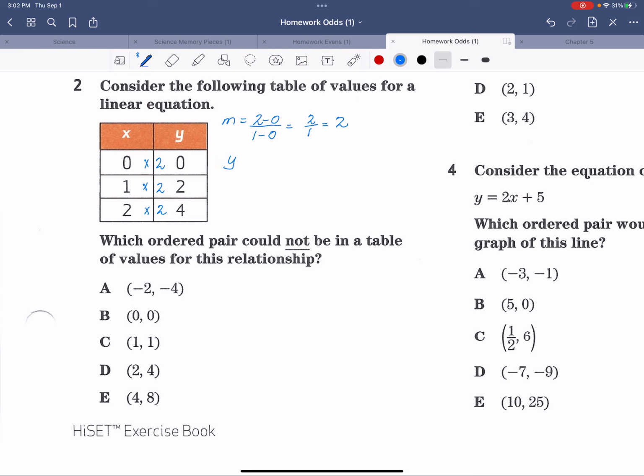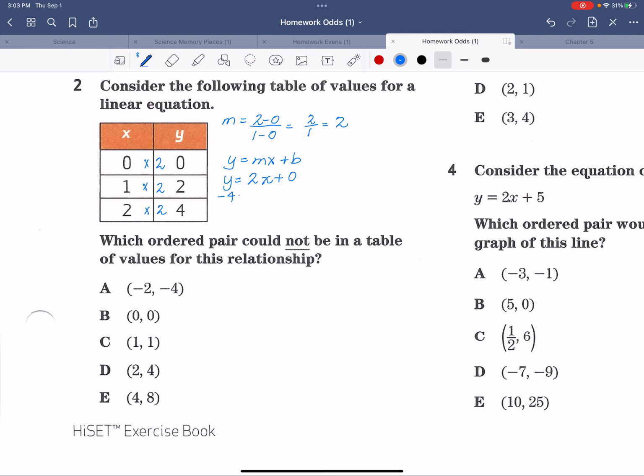So y equals mx plus b, and we know that the y-coordinate of the intercept is 0, so you can plug that in. And then m is 2, and then x plus b. So this is confirming what I thought, that y equals 2 times the x value. So if you plug these points in, you will be able to tell which one fits.